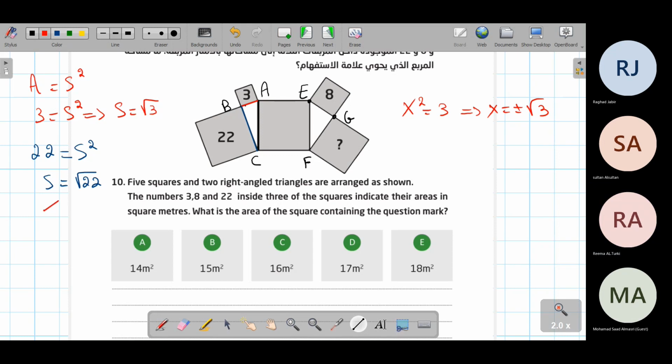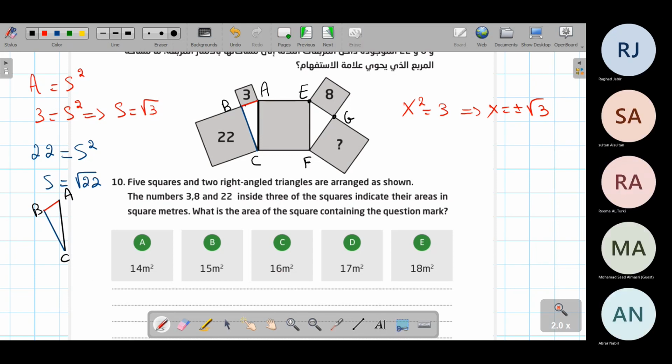This is AB, this is BC, and I want to calculate this one. So this is A, B, C. Which theorem will I use, Rima? Pythagorean theorem.